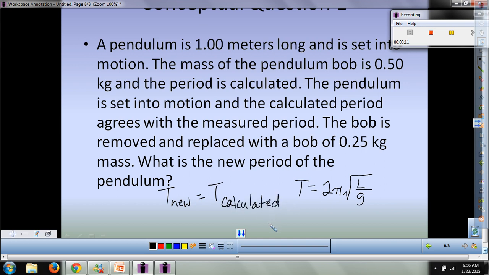All right, and I think if you do that, you get 2 seconds. Pretty darn close to 2 seconds, okay? So we're just trying to make sure that you understand that changing the mass doesn't change the period at all. The only thing that changes the period would be the length of the string or the gravitational attraction. The longer the string, the greater the period. They're directly related.